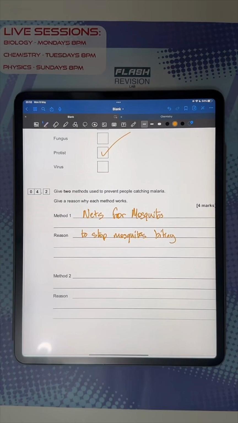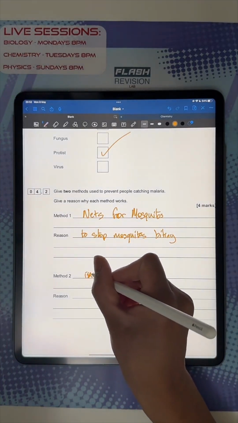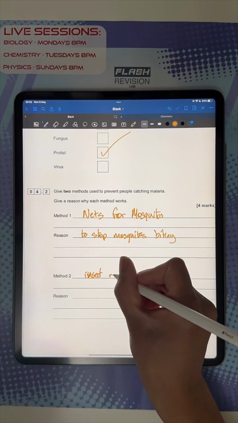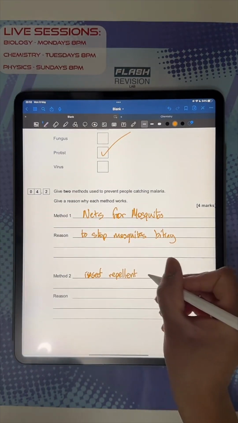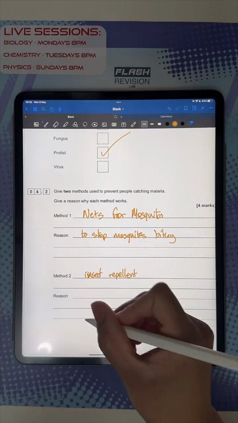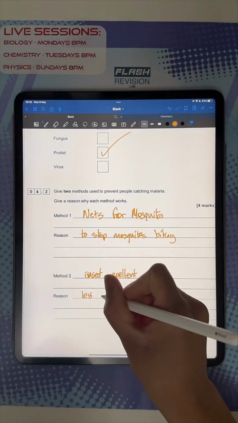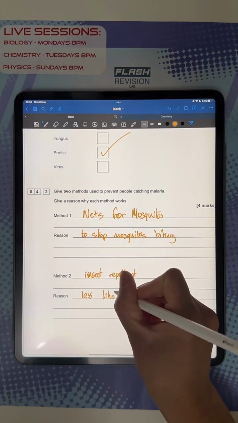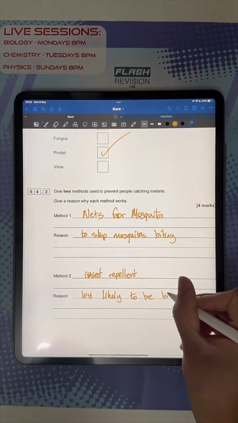Yeah, you can say insect repellents. The reason for insect repellent is because they're less likely to bite you. Again, same thing, so less likely to be bitten.